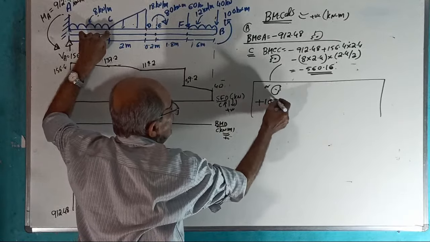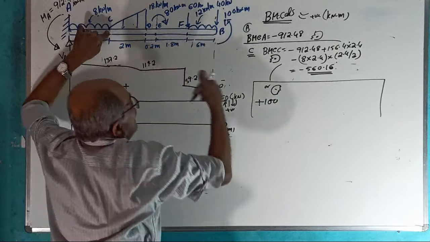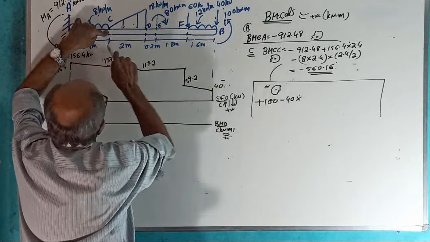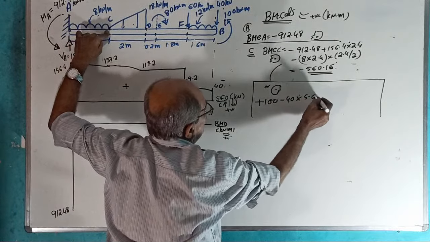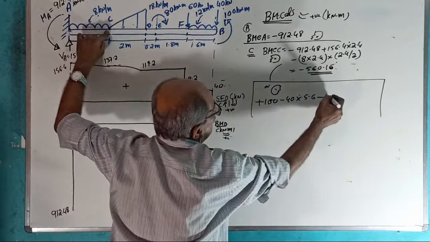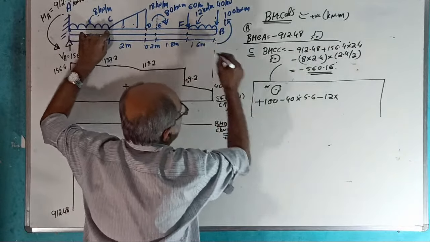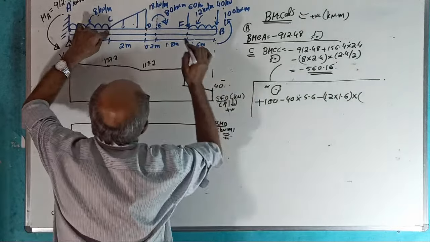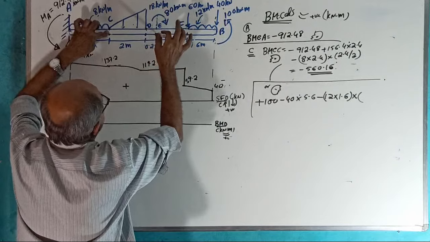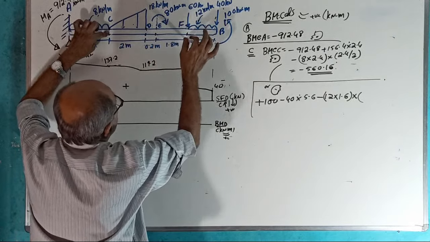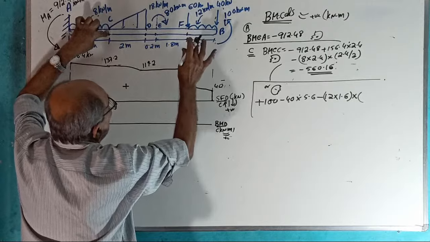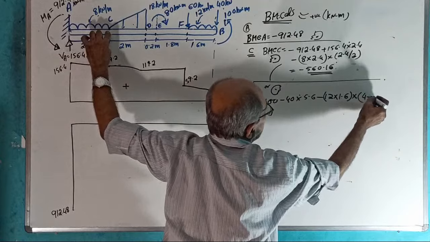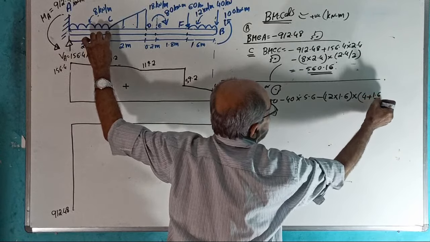plus 100, no, into, minus 40 multiplied by 5.6, minus UDL 12 into 1.6 is the load, multiplied by what? 2 plus 2.2, 2.2 plus 1.8 is 4, correct? 4, plus another 1.6 by 2.